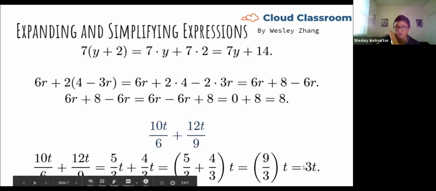So 3t is the same thing as 10t over 6 plus 12t over 9. Notice this is a lot simpler than the original expression, where we had two fraction terms, but now we only have one term of a whole number and a variable.